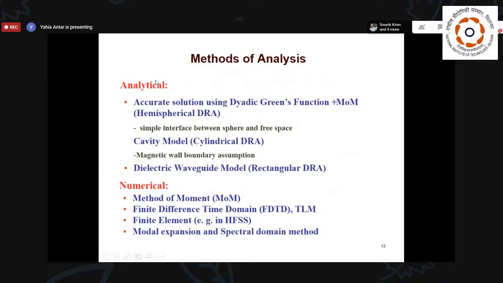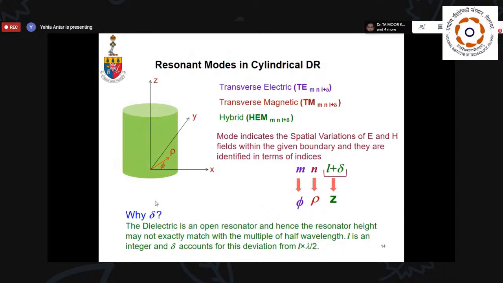Methods of analysis until that time, where you have some accurate methods, where you can have some closed analytical solution. Then this was the old model that we used before. And then obviously most of the work now is being done using numerical techniques. There could be some confusion in the literature here, but the type of modes, you can have TE, TM, or hybrid.